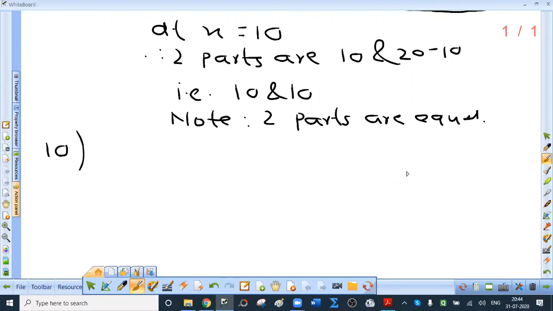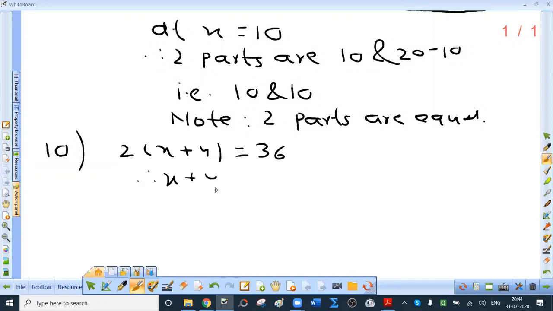Then see, wire is bent to form a rectangle, right? Then its perimeter is, see on the screen, is what? 2 times in bracket length plus breadth. So 2 into x plus y, which is length of the wire, that is 36.